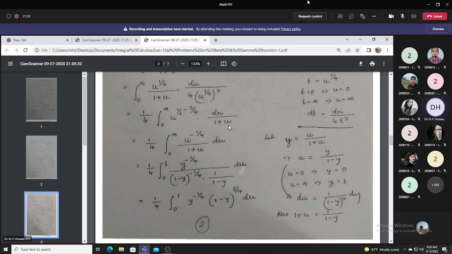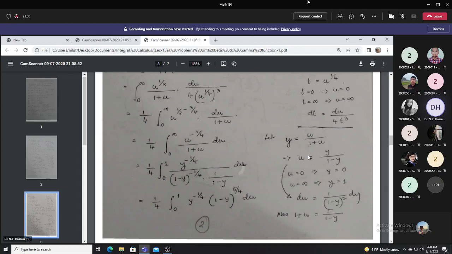Let us have another substitution. Suppose y equal to u divided by 1 plus u. So you try to get the value of u in terms of y.